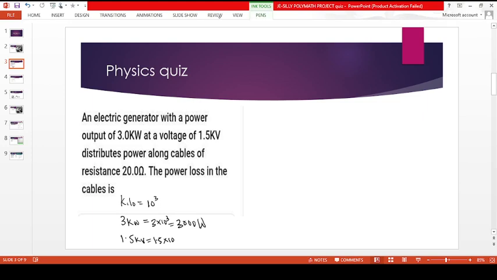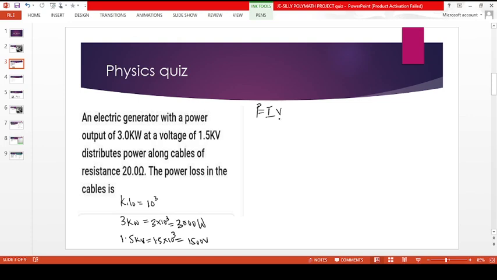Okay, back to what we were saying. So we say that would become 1,500 volts. Now, in this case, I'd like us to look at a few more things. Electrical power is given by current times voltage. Power is equal to current times what?